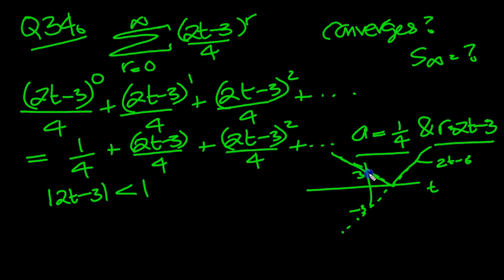So it crosses at 3 at 0. So now we can draw the modulus because we've drawn the line in question. So when is that less than 1? When is this height less than 1? Here's a height 1. So we can see from the plot that this line has to be less than 1.